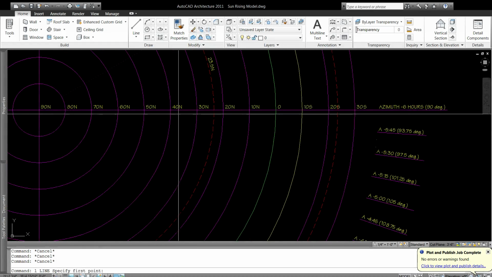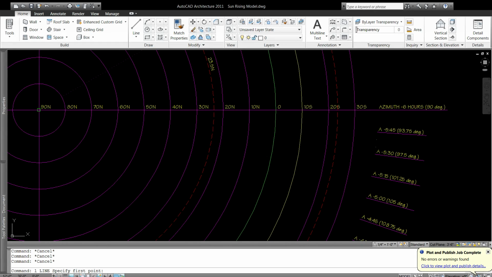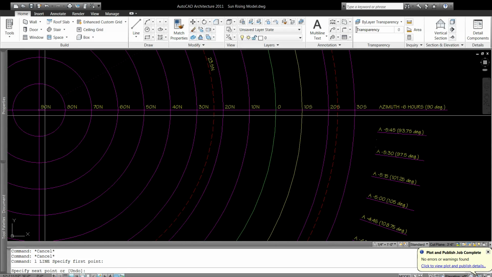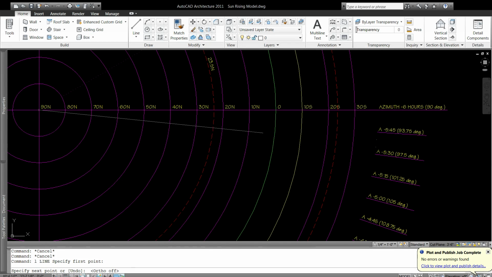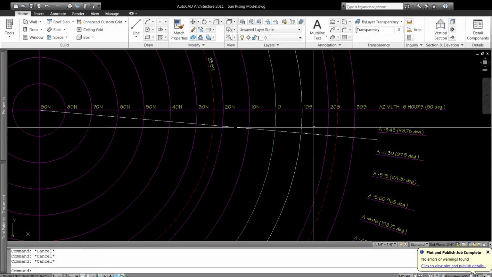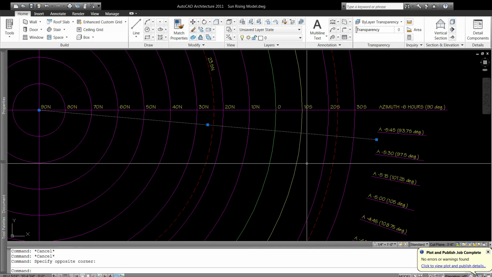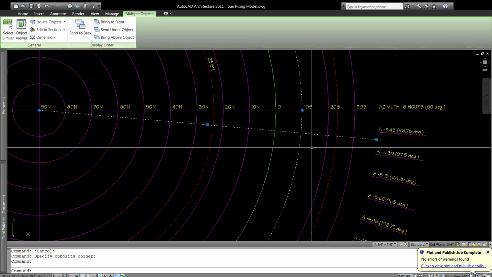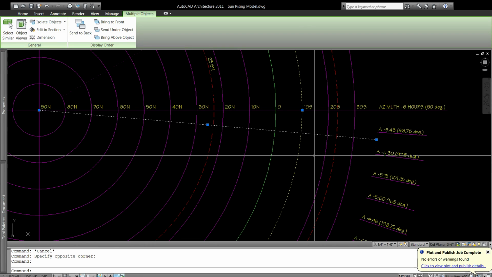So what I'm going to do is draw a line from the North Pole to right there. This line represents the progression of the sun along this track at sunrise.